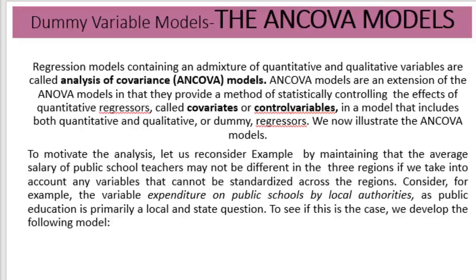In this section, we will discuss the ANCOVA model. ANCOVA models are models in which we use a mixture of both quantitative and qualitative variables. That is, it will include both quantitative and qualitative variables. ANCOVA is the analysis of covariance model. In the first example, we used a data set like this.